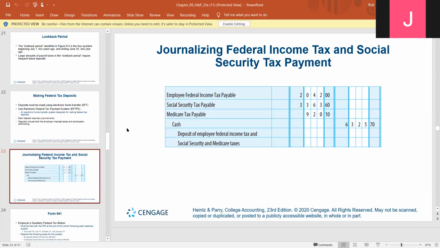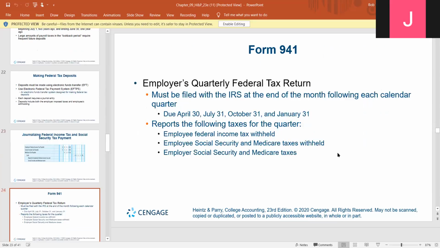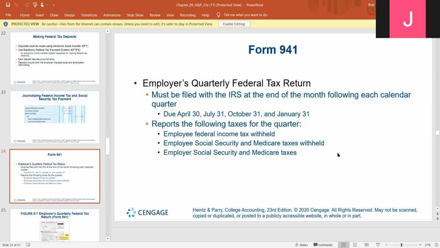You remember earlier, we debited payroll tax expenses and we credited federal income tax, we credited Social Security, we credited Medicare. This is the employer side right now. And we make a payment of cash, $6,325 to the United States Treasury. And we do the same thing with the FUTA and the SUTA.